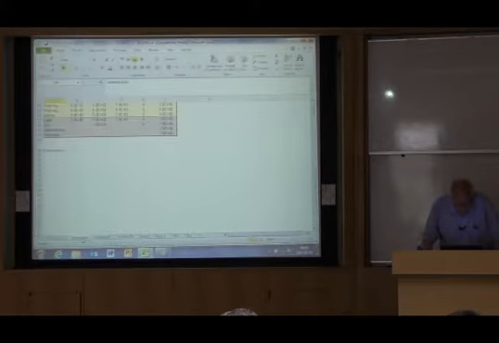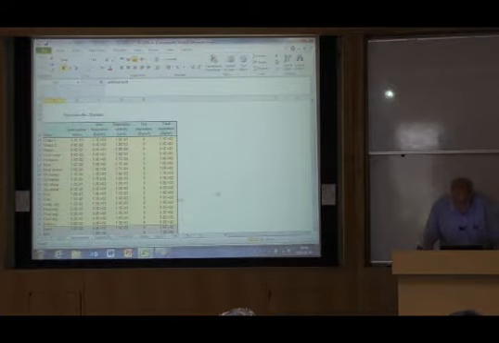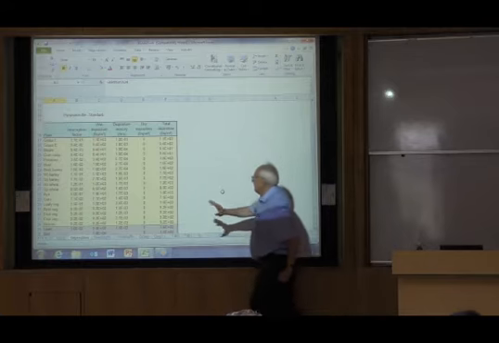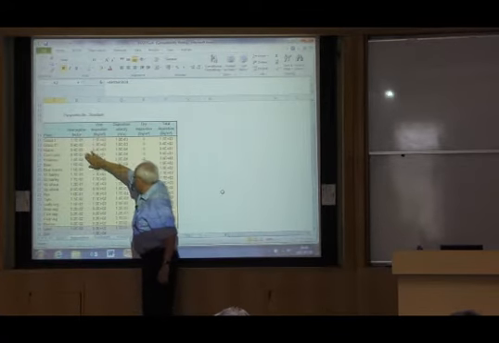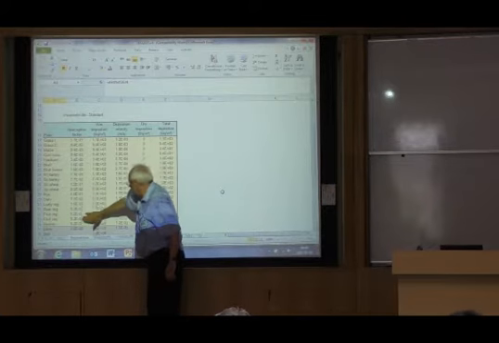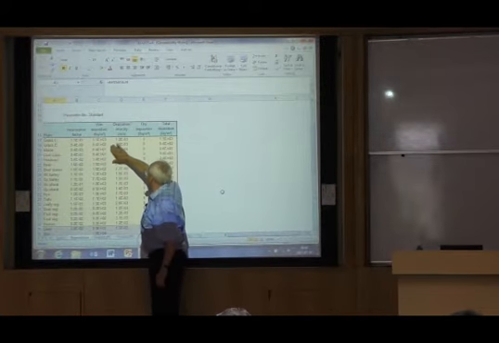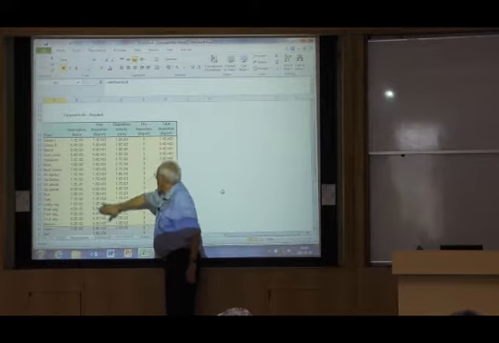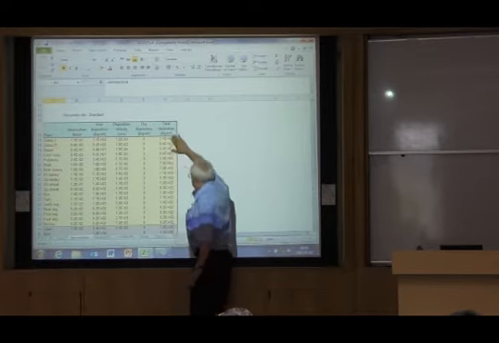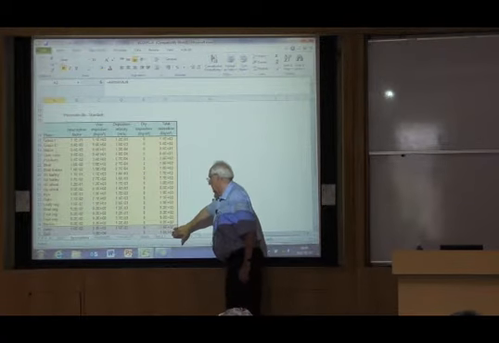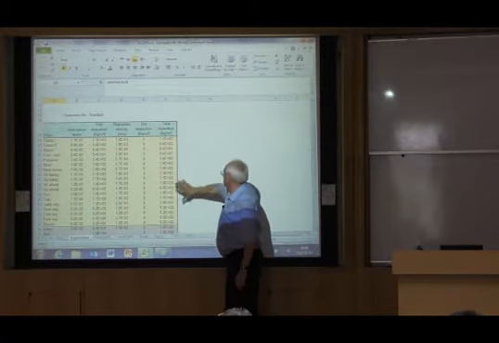Okay, again, deposition. Again, we have the interception, which is here. The wet deposition is here, and the total deposition is about 10,000 becquerel per kilogram.